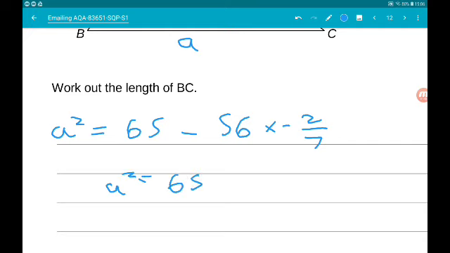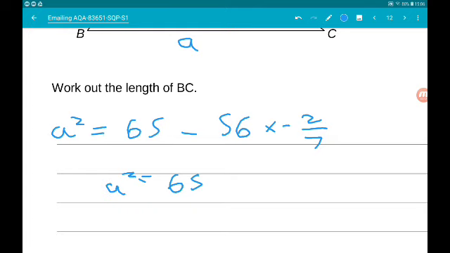So a squared is 65. Now, minus 56 times minus 2 sevenths is going to be positive, because it's negative times a negative, and we are essentially finding 2 sevenths of 56. So 1/7 is 8, 2/7 is 16.